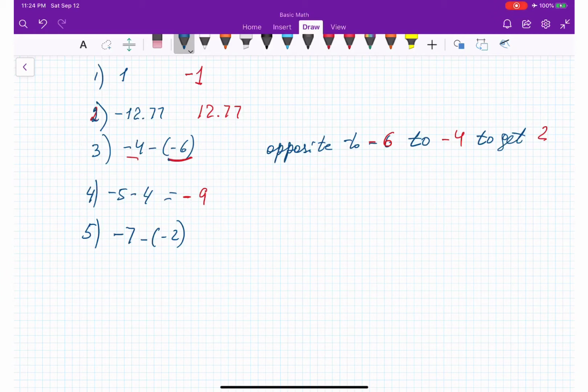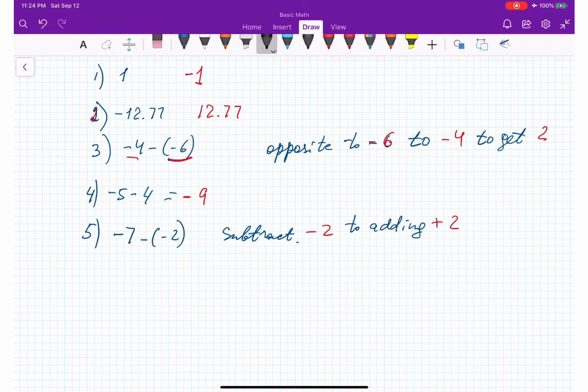The way they want you to put it, the first step is to change subtracting -2 to adding +2. So first, change subtracting -2 to adding +2.